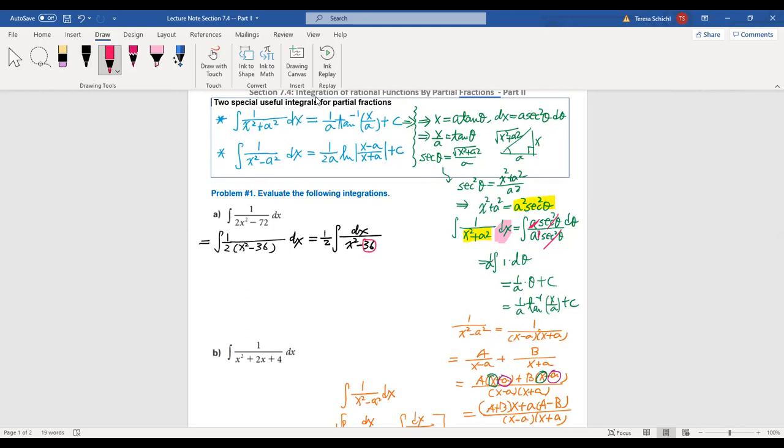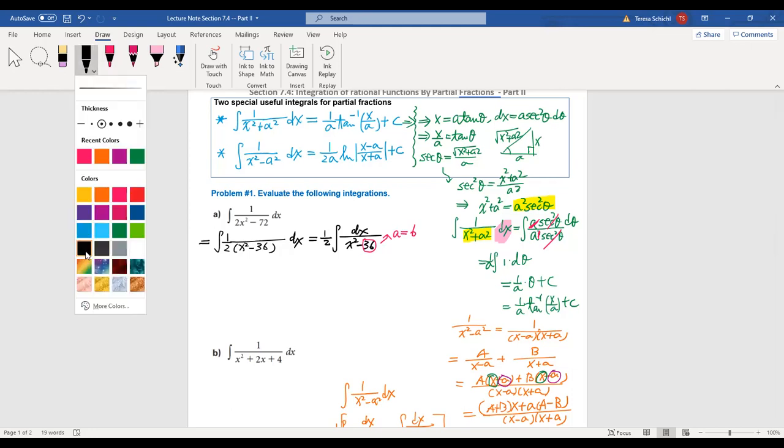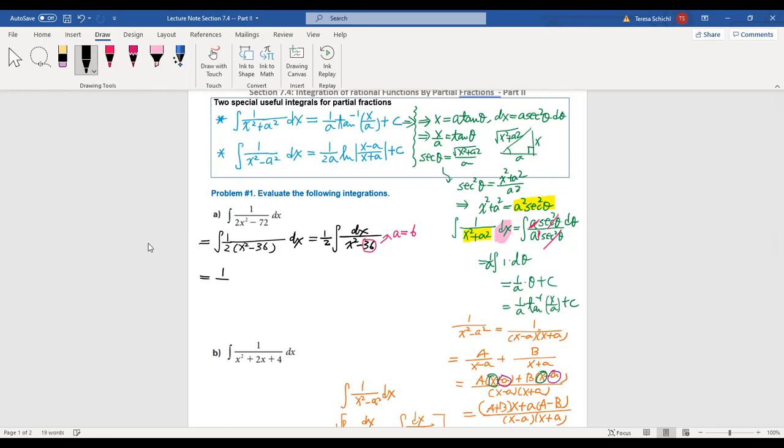So this 36 is equal to what? 6 squared, right? So what is my a here? a is 6, correct? Now I can directly plug into the formula, because we already derived it. So this will be 1/2, then times 1 over 2 times 6, right?